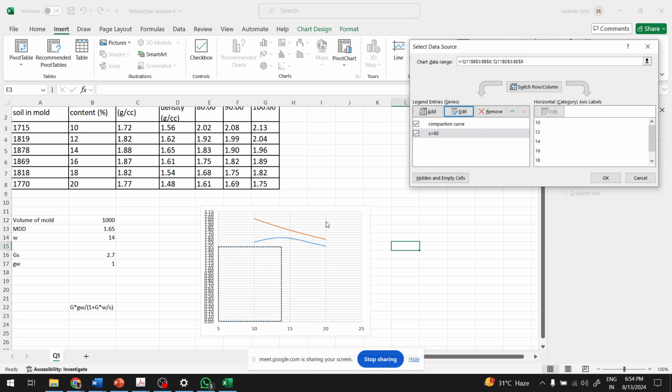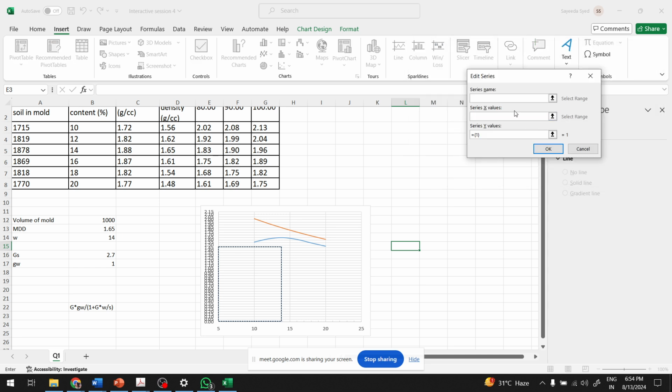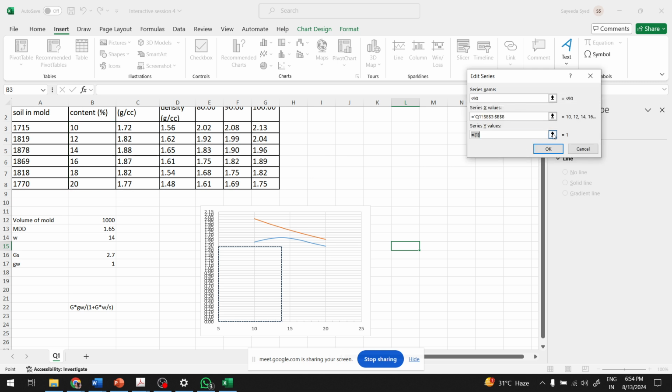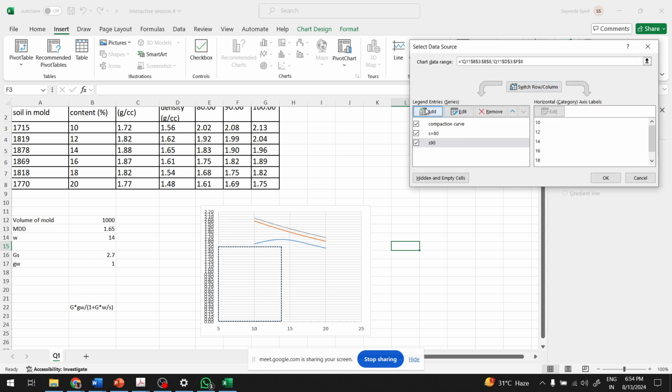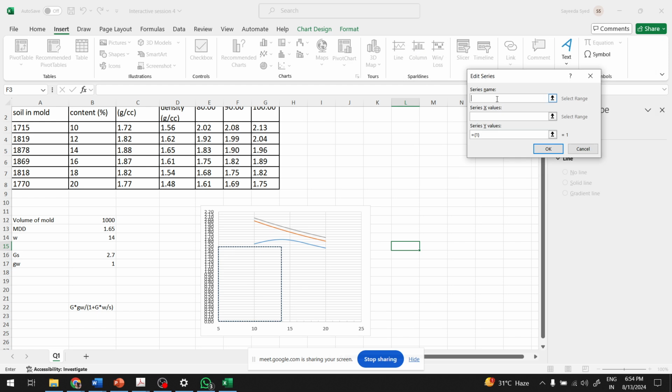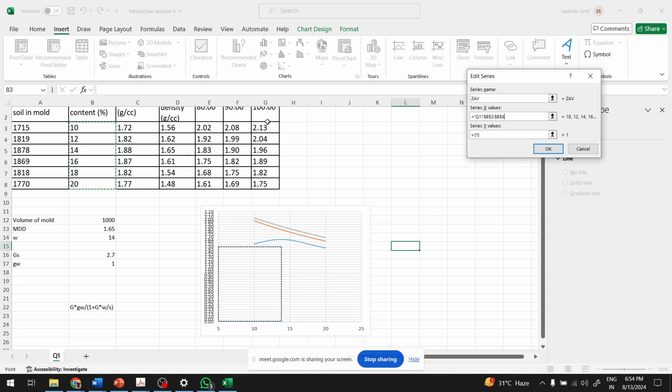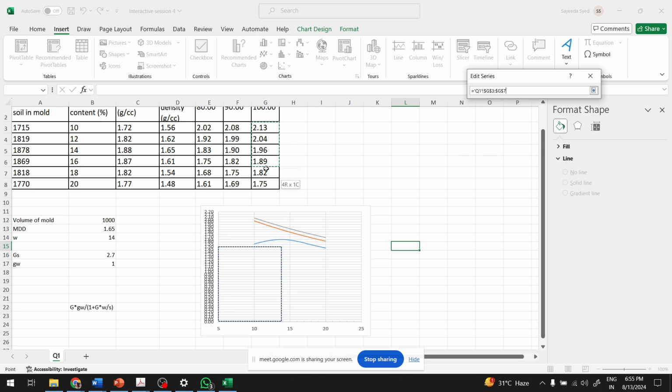Okay. Now let's add S90. The X value will be this. The Y value will be this. Okay. Now let's add the zero air void line. Let's call it ZAV, where our saturation is 100%. X value is this. Y value is this.